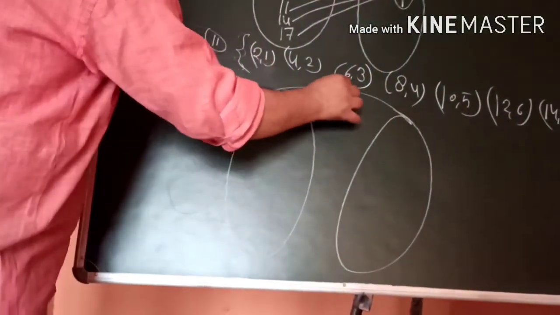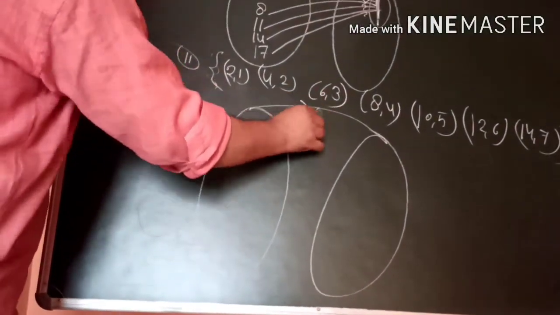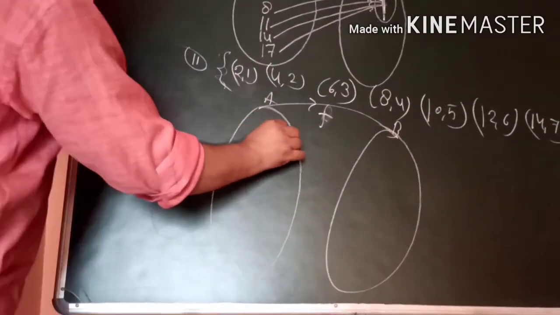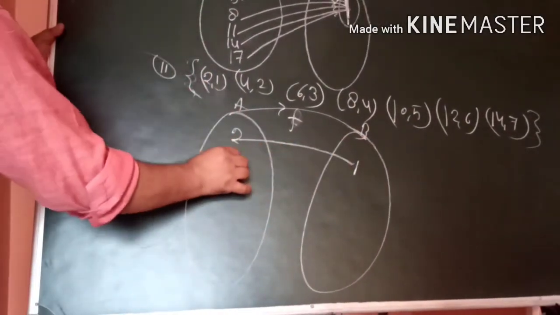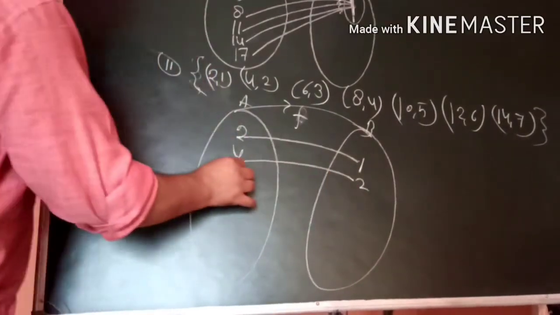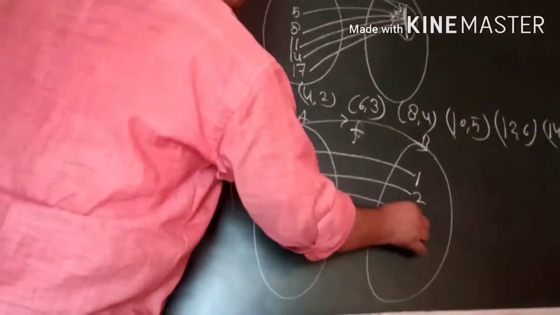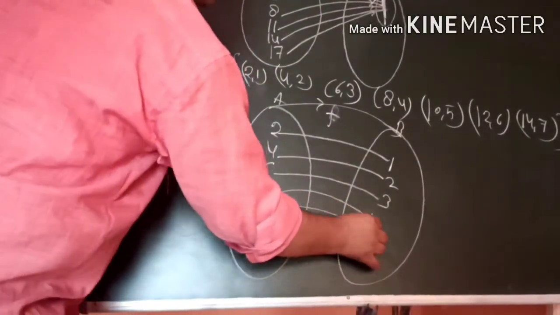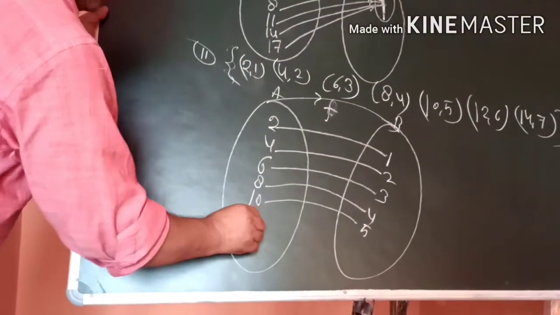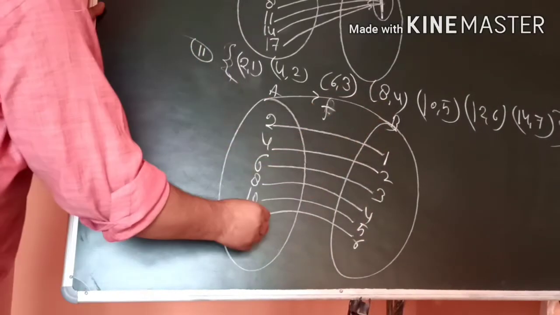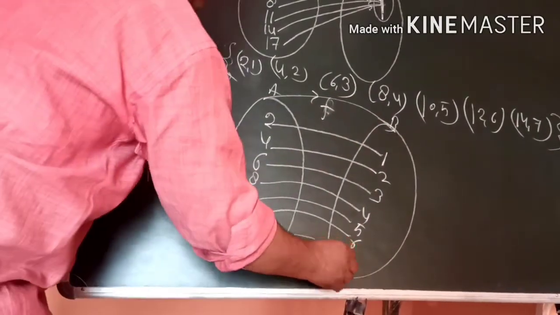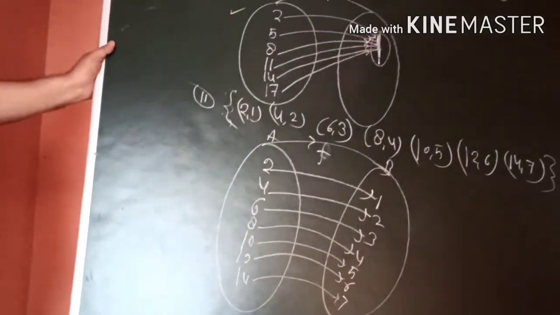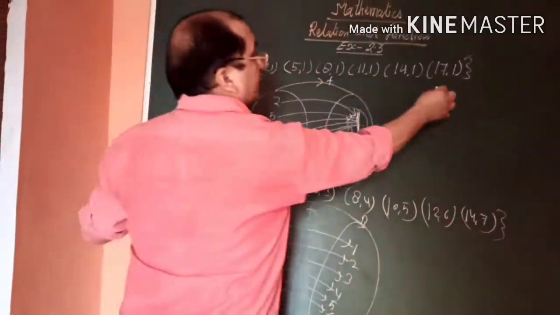For that we will write this function from A to B: 2 has the image 1, 4 has the image 2, 6 has the image 3, 8 has the image 4, 10 has the image 5, 12 has the image 6, and 14 has the image 7. This is known as a function. Yes, this is also a function.